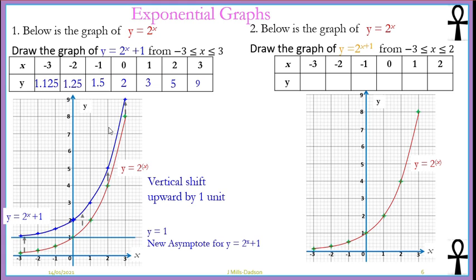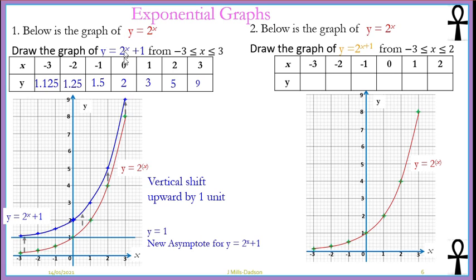So we can make a general conclusion that when you have a function y equals 2 to the power x, when you add 4, each point will move 4 units up, and that asymptote line will also move to 4. That's what I want you to understand.